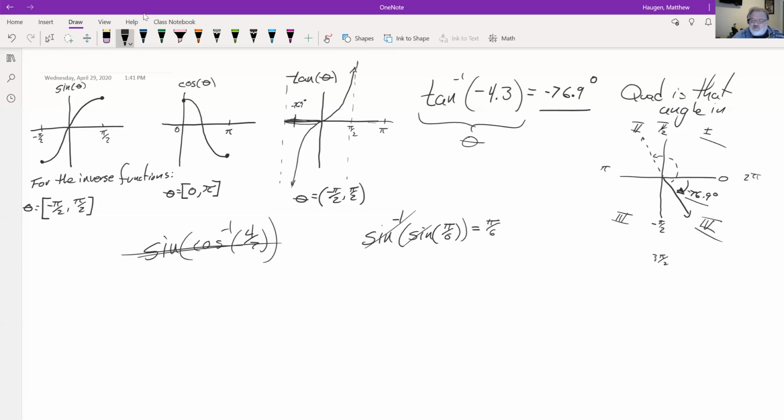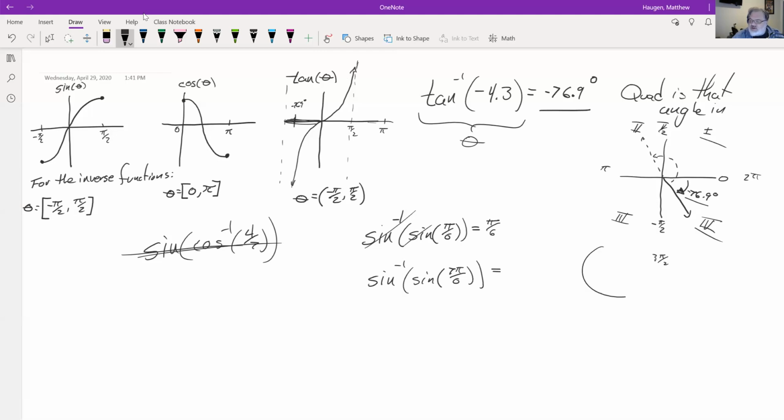The problem is, if we ask what the sine inverse of the sine of, let's say, 7 pi over 6 is, well, the sine of 7 pi over 6 is some ratio. You'd want to say that if you put that ratio back into the sine inverse, it would give us back our 7 pi over 6, but it can't. The sine inverse doesn't know about 7 pi over 6.